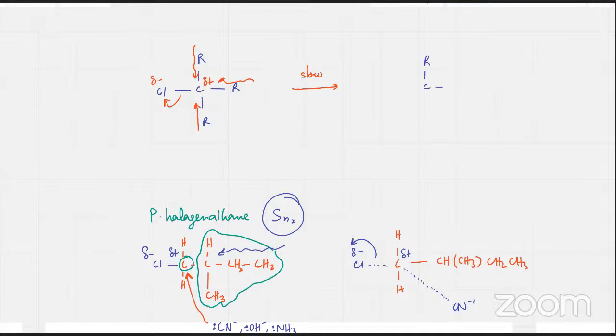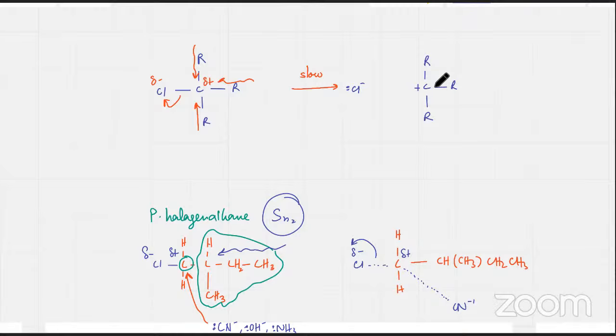And a carbocation is going to be formed. The Cl, after a very slow process, after waiting for a very, very long time, during a collision, the Cl might break off and a carbocation would be formed because the Cl would take its electrons. This carbocation is going to be very stable.